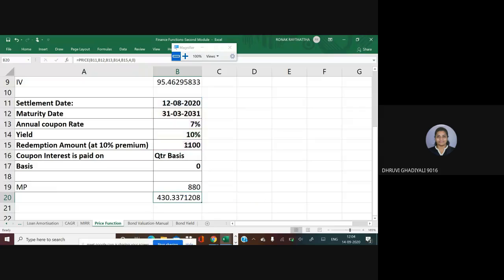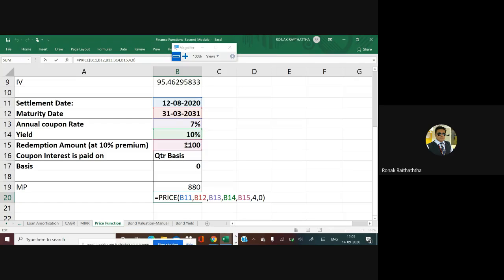Yes, sir. Okay, so what could be the reasons behind it? Can someone tell me? Yield is more than annual coupon rate. Understood. But let me put one point in front of you. We have made one mistake over here. Who will tell me what mistake we have done over here? Only a very intelligent student will be able to get it.